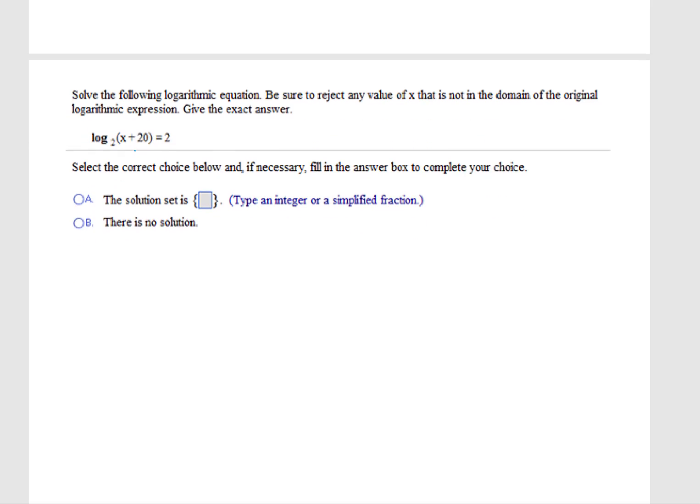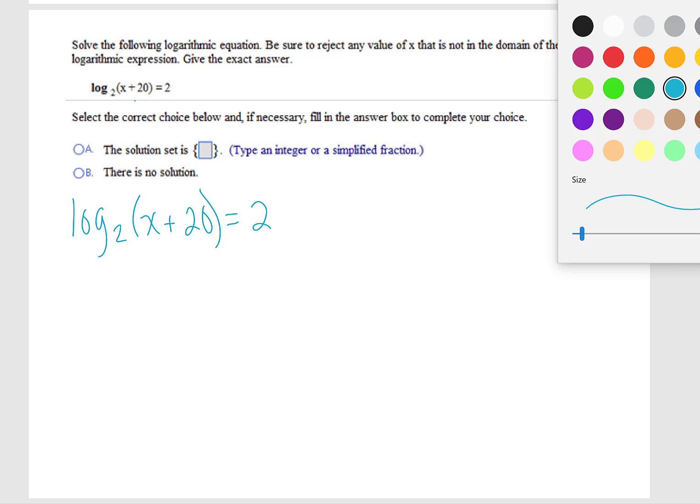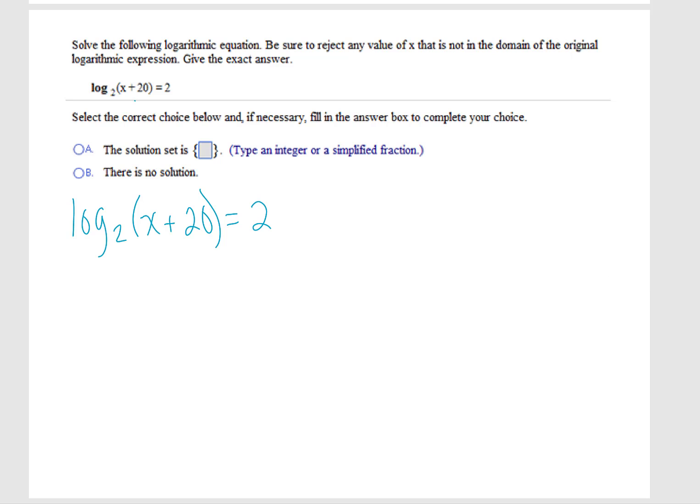So just remember that and don't get confused that it's the x that has to be greater than 0. All right, so using that same approach, I'm going to write it a little bit bigger. Log base 2 of x plus 20 equals 2. So I'll say base raised to 2 equals x plus 20.